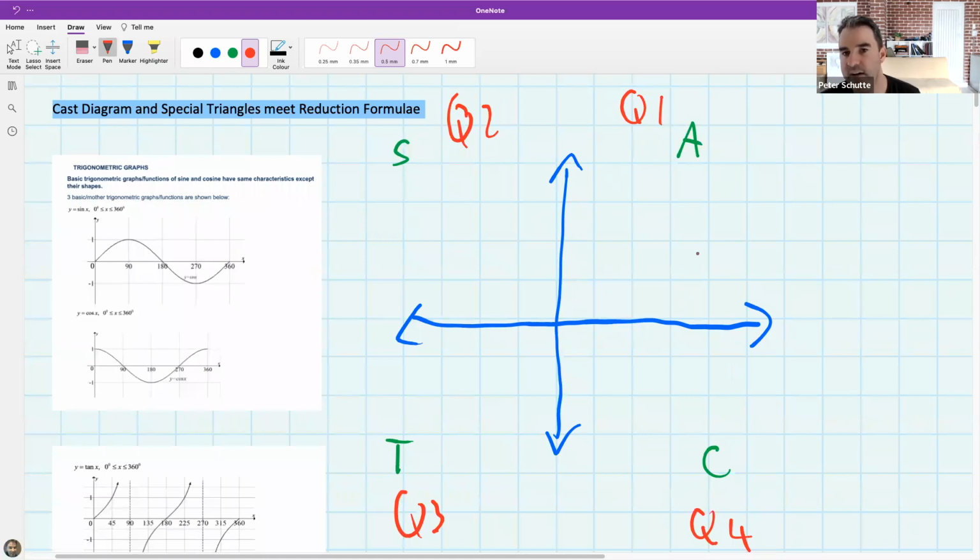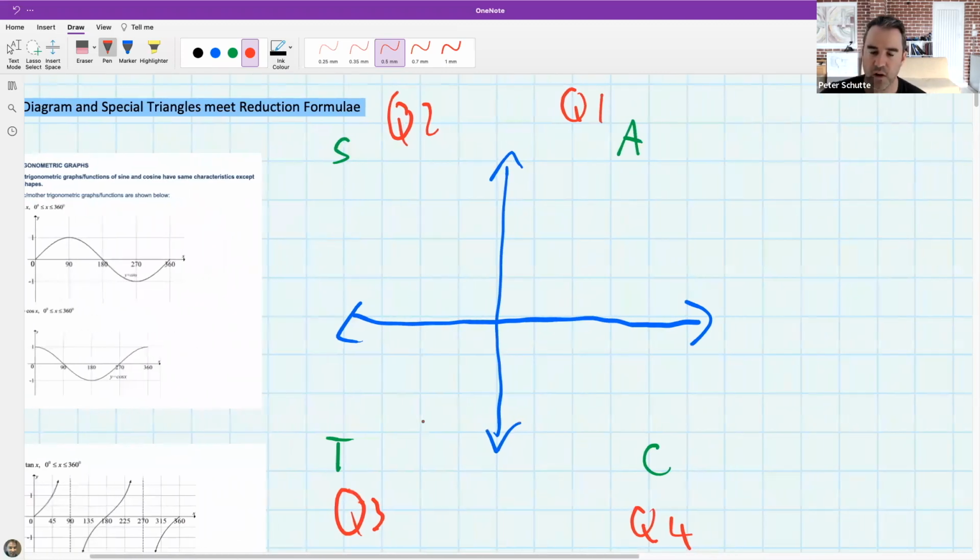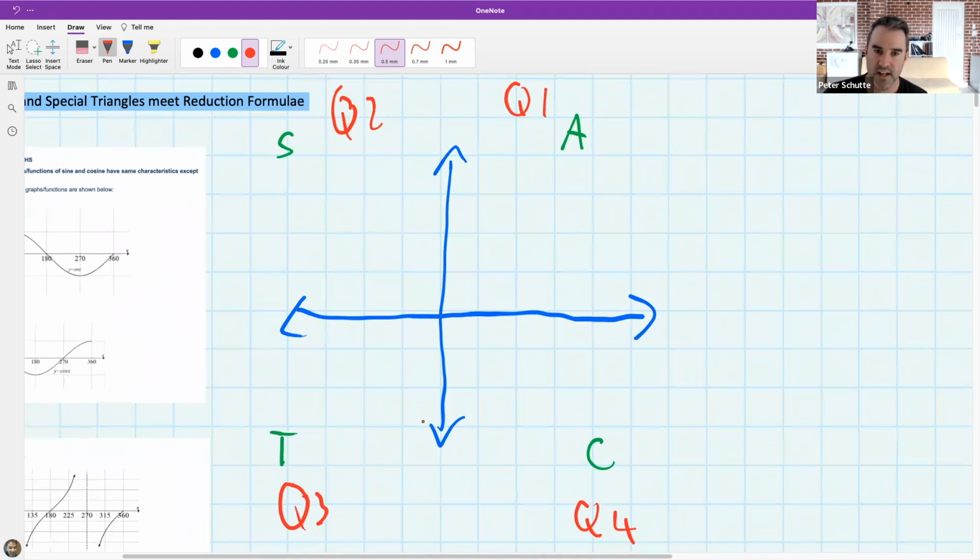And then I might say something like cos is negative in quadrant 2, because only sine is positive in quadrant 2. So this is just a quick way of knowing whether or not a particular trig ratio is positive or negative. So I want to give you a quick little warm-up test for this.